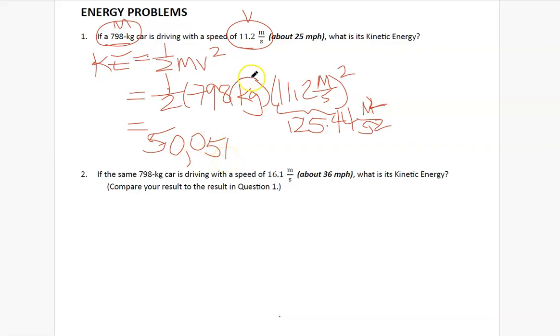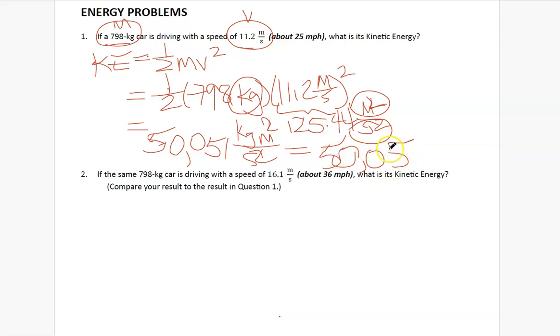If you look at the units, you've got kilograms, meters squared per second squared, but that's the same as a joule. So this is 50,051 joules of energy. Roughly 50,000 joules of energy.